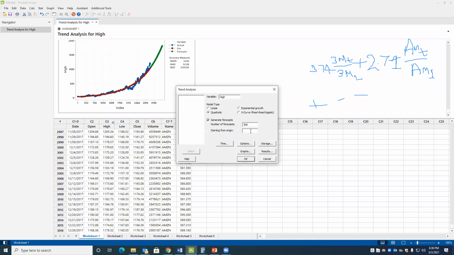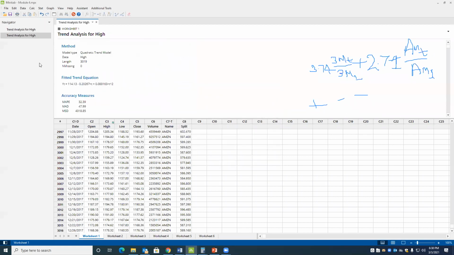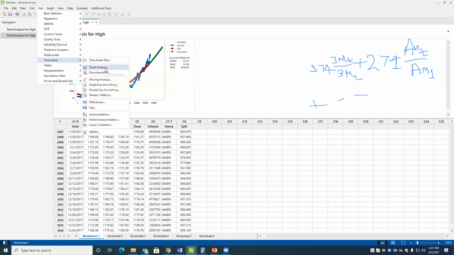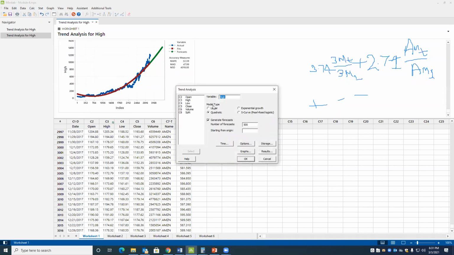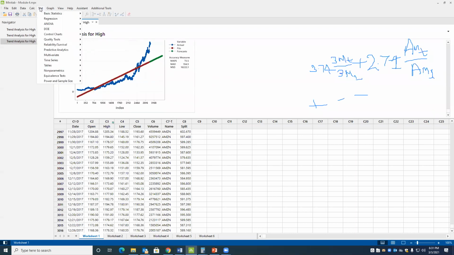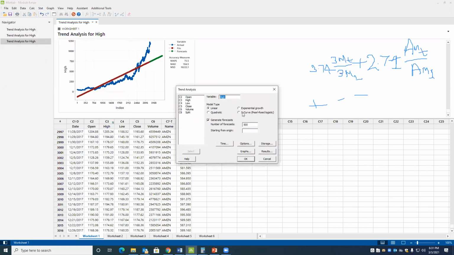I am just going to do a quadratic here, and now linear, and the fourth one is stat, time series, trend analysis, and S curve.